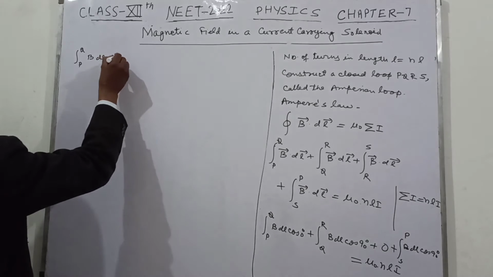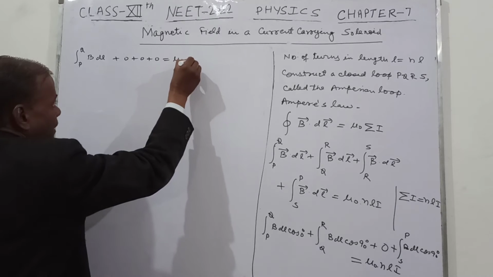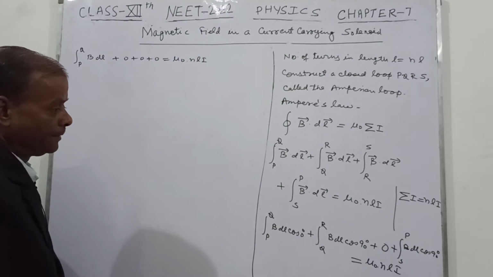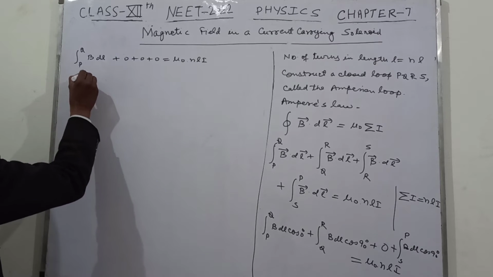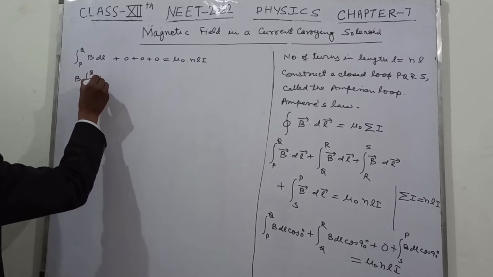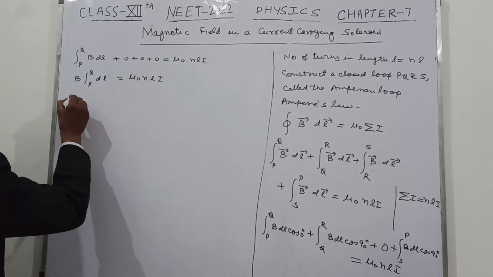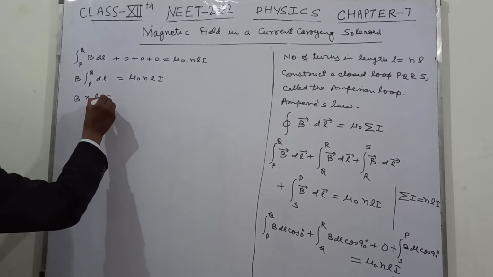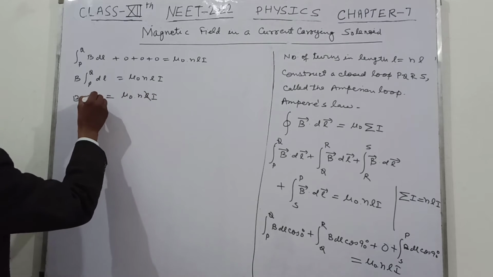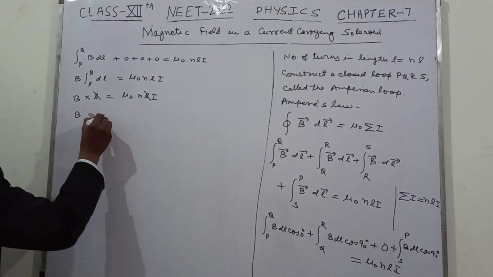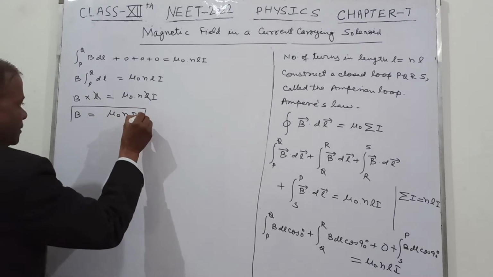Now remaining all are 0, 0, 0, 0 equal to mu naught n l I. So this is equal to your B integration P to Q. This is now your dl equal to mu naught n l I. So this is now B into L, this is equal to mu naught n l I. So now L will cancel from here, then we are having this B equal to mu naught n I. This is now magnetic field.